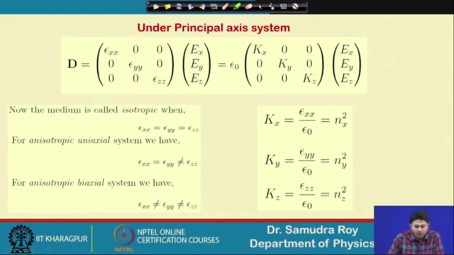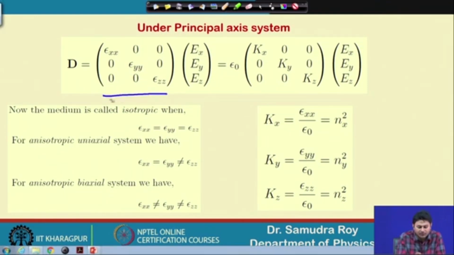Okay, so go back to our anisotropic system. Under the principal axis system, this is our expression of D and E. Epsilon can be represented in terms of k like this also, kx, ky, kz, and if the system is isotropic, we know that epsilon xx, epsilon yy and epsilon zz are the same.